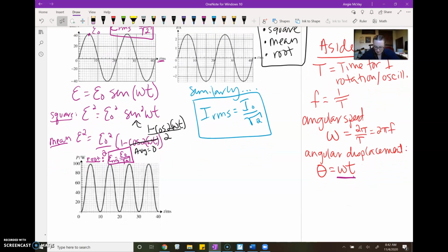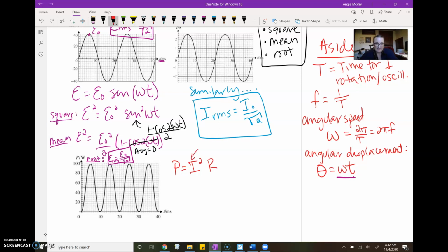All right, now what about power? Because power, right, you could take the average, because power is positive. For power, if we're talking about current, voltage, anything like that, you could do power equals I squared R, right?